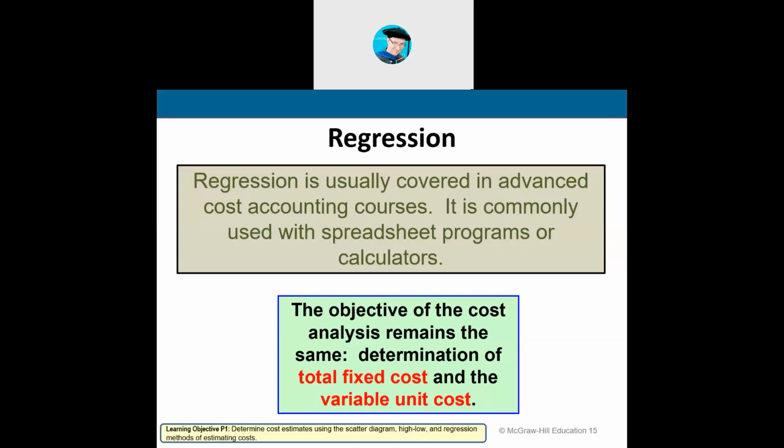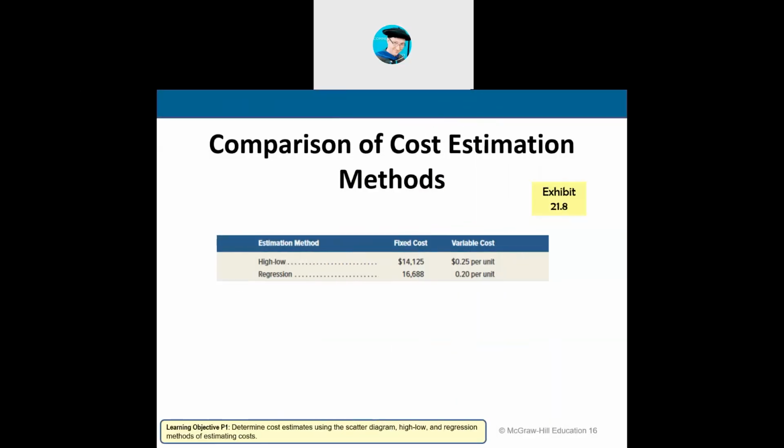The regression line is essentially like a scatter graph, and it shows us the total fixed costs and variable costs on lines. We're not going to dive too deep into regression analysis. This is not an advanced statistics or finance course, but we're just going to briefly talk about it.